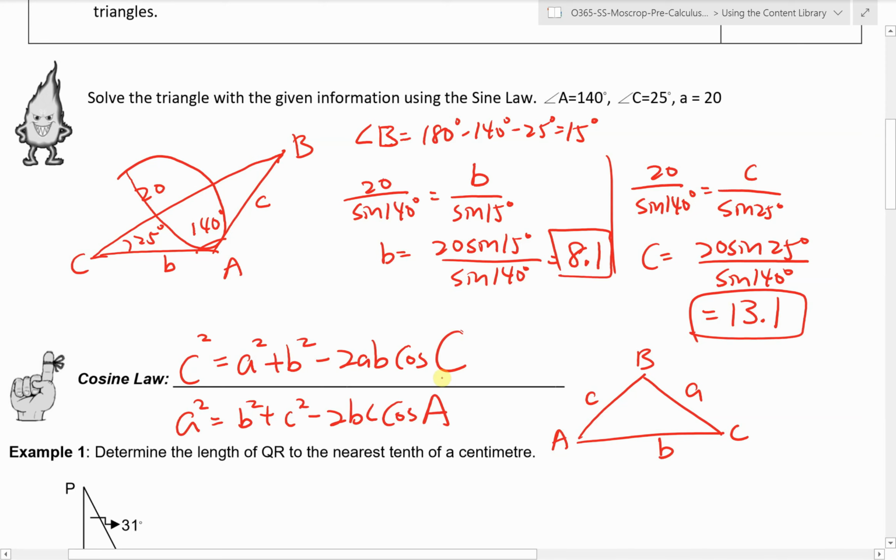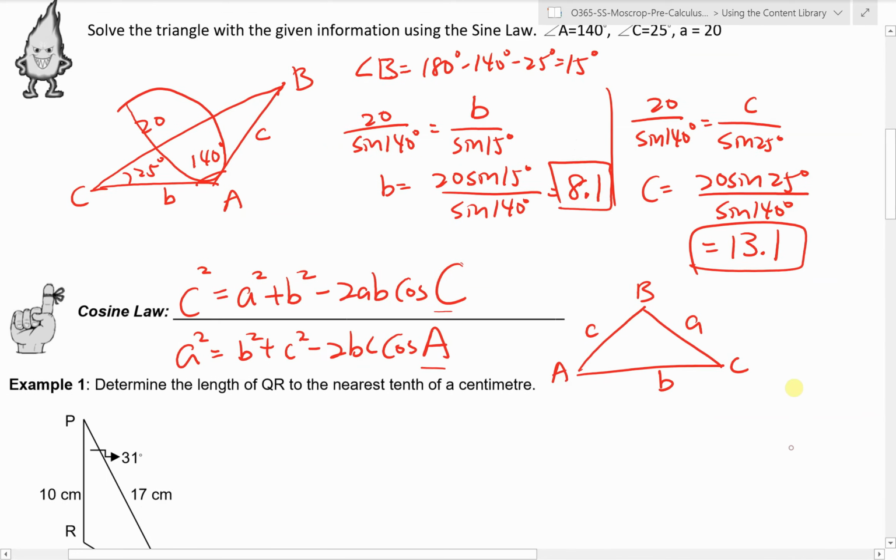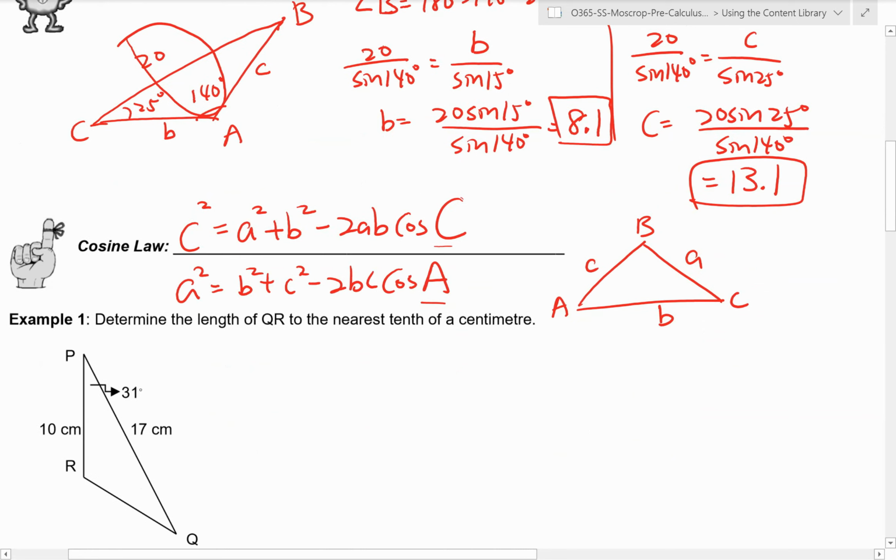Again, this capital C right here is the angle. The rest will be side lengths. I'll write down B squared as well. B squared would equal A squared plus C squared minus 2AC cosine of angle B. So these three are really talking about the same thing. You're just looking from a different angle, that's all.